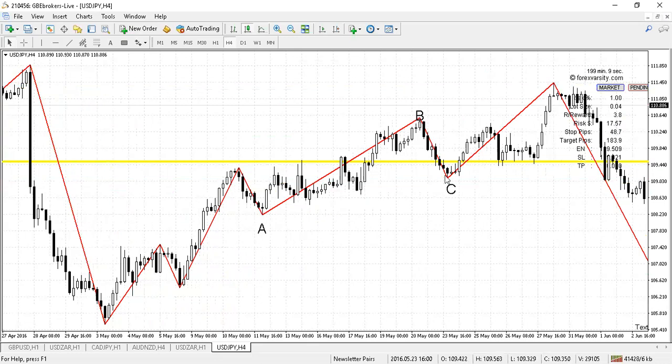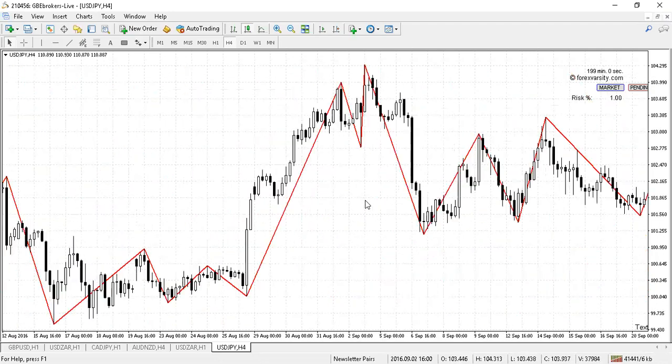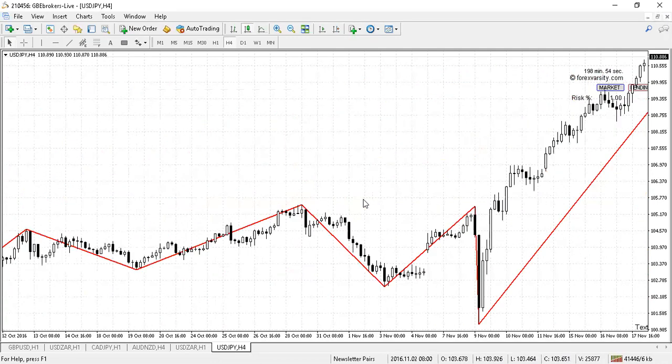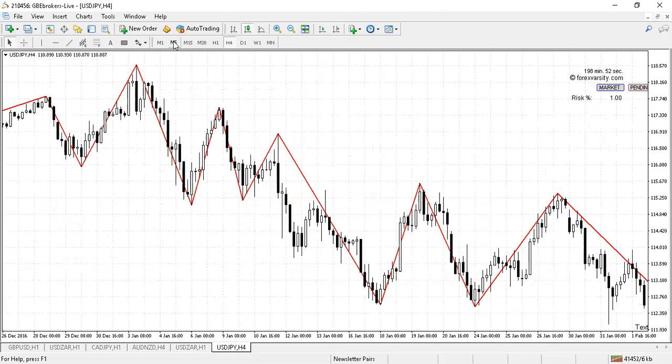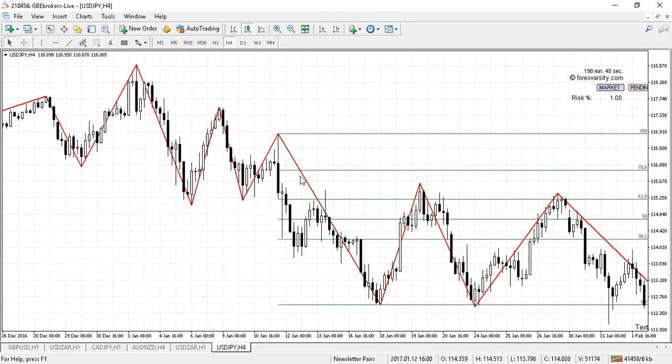I'll just go through another example. You can find a nice ABC. Okay, so here's one. You'd have your Fibonacci drawn there. Looks like a good turning point.